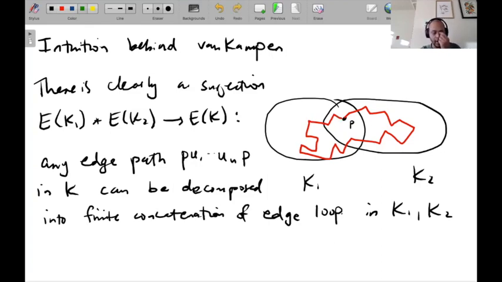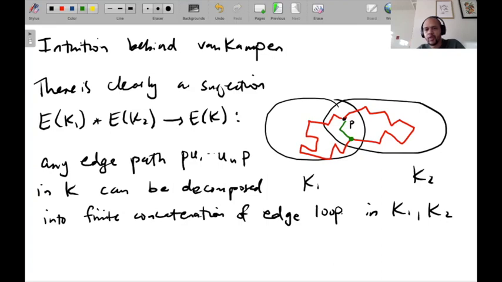There's a minor point here, which is that in this picture you spend some time in K1, and then you spend some time in K2, but the part that's in K1 is not a loop in K1. But since the intersection of K1 and K2 is connected, once you reach the intersection, you can choose a path like this.